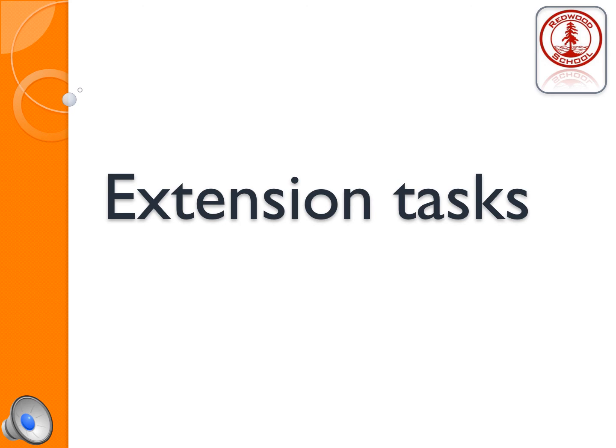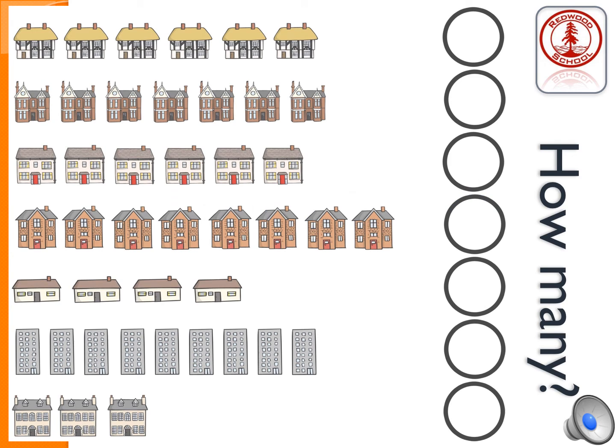And if you'd like to do some more tasks, why not have a go at some of these extension tasks? In this activity, can you count up all the homes you can see in a line and write your answer in the circle?